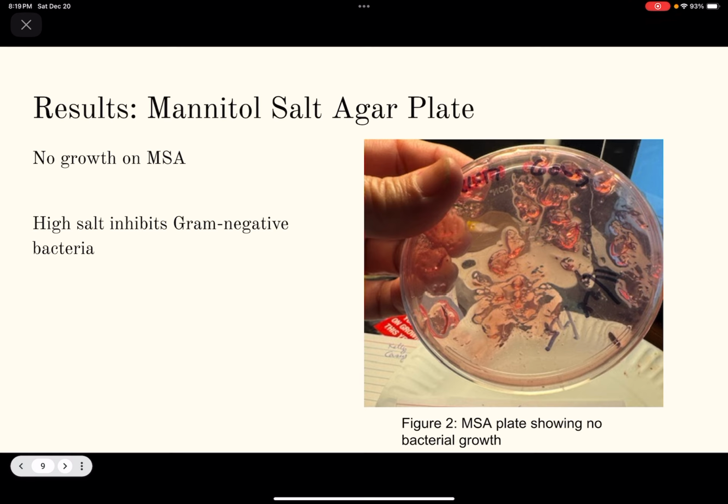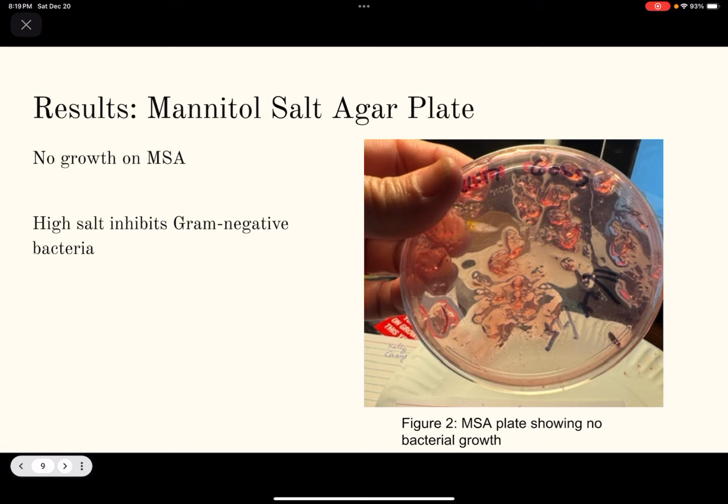The mannitol salt agar plate, I had issues with this plate. I put it in the microwave and it ended up exploding, so I had minimal mannitol salt agar. So I was able to introduce the bacteria to the plate though, and there was no evidence of any kind of bacteria growing in there whatsoever.